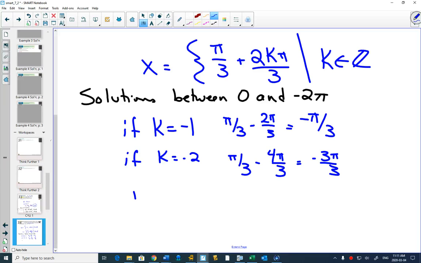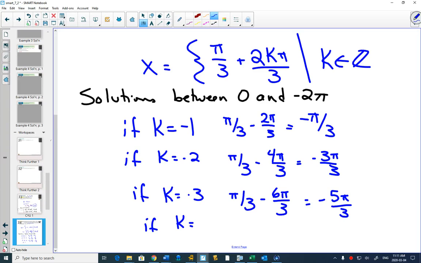What about if k equals -3? Pi over 3 minus 6 pi over 3. That'll give me -5 pi over 3. Is that between 0 and -2 pi? It is. Sure hope there's not 500 of these.